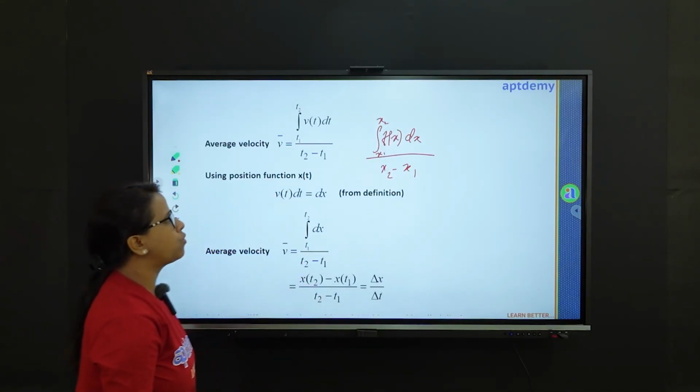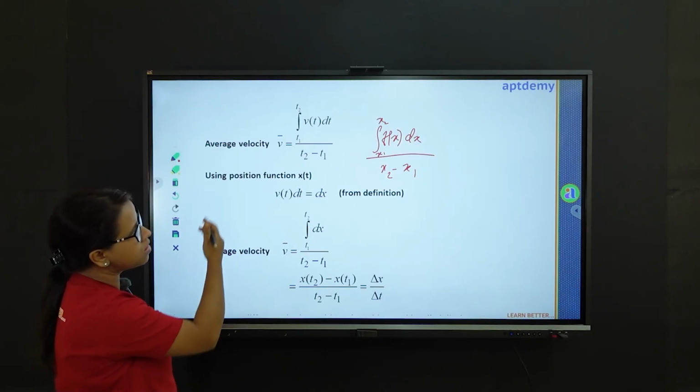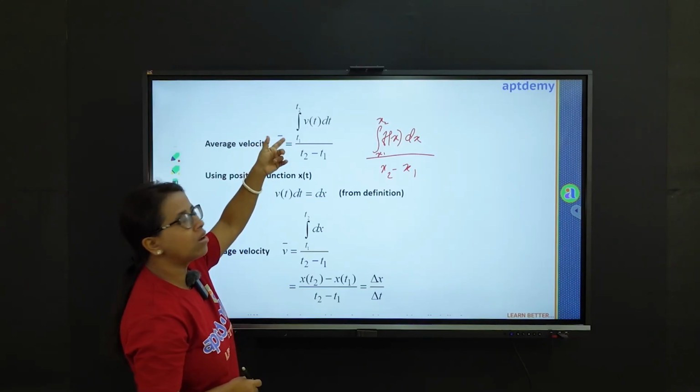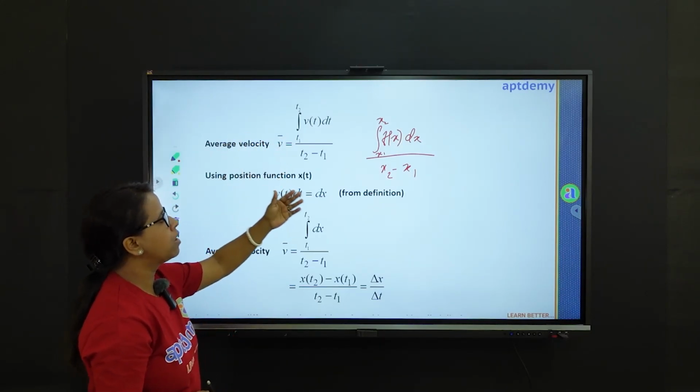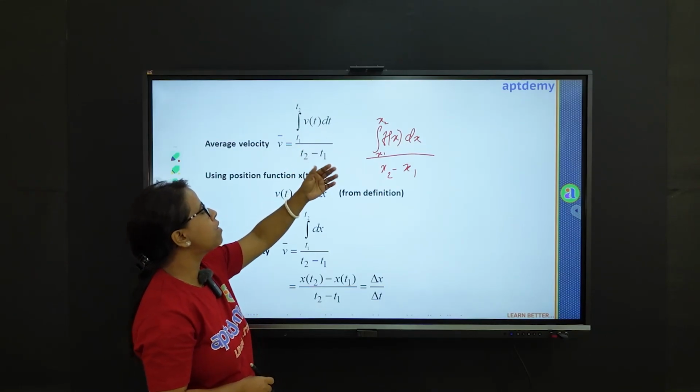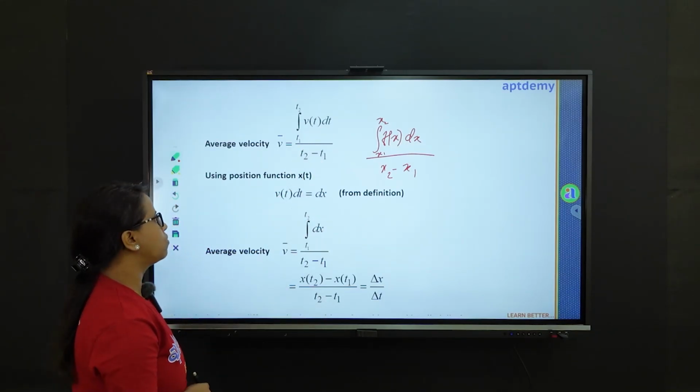What is the difference that we see here? The difference is we are now integrating over time, so the limits include time. Here the denominator was the change of position, and here we have integrated over time, so it is the change in the time interval.